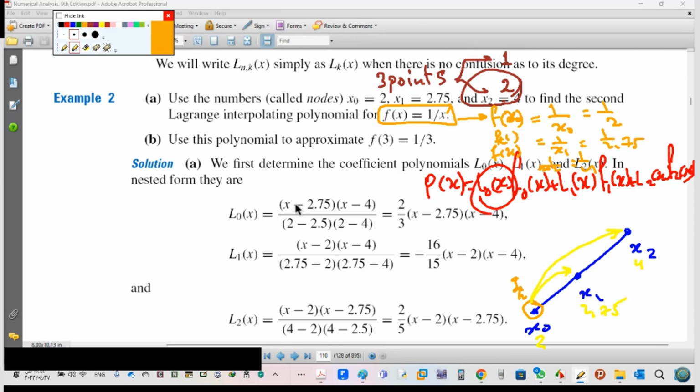So for another point, (x minus x1) over (x0 minus x1), multiply by (x minus x2) over (x0 minus x2). Is it clear or repeat? Everyone, take 10 seconds and tell me if it's clear or repeat.